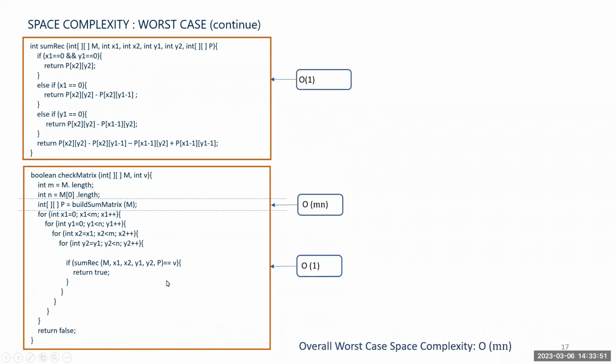The main function build matrix P is O(mn). The sum of each submatrix takes O(1), so this space can be reused for every loop. So the overall worst case space complexity will be O(mn).